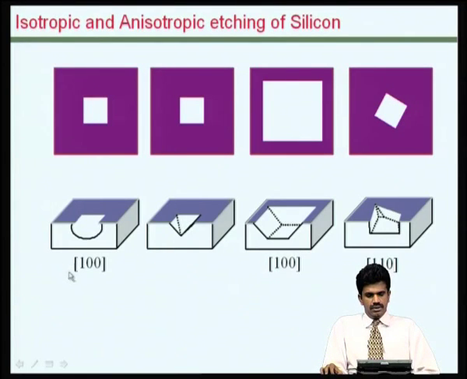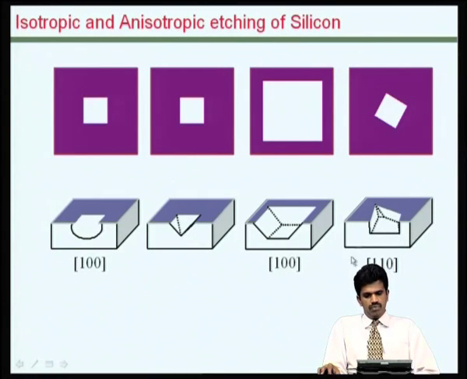So, unlike the rounded profile that is formed in isotropic etching, in anisotropic etching, depending on the coverage area of the etch window, we can get a pyramidal shape or a truncated pyramidal shape. Both these are for 100 wafers, I am sorry.